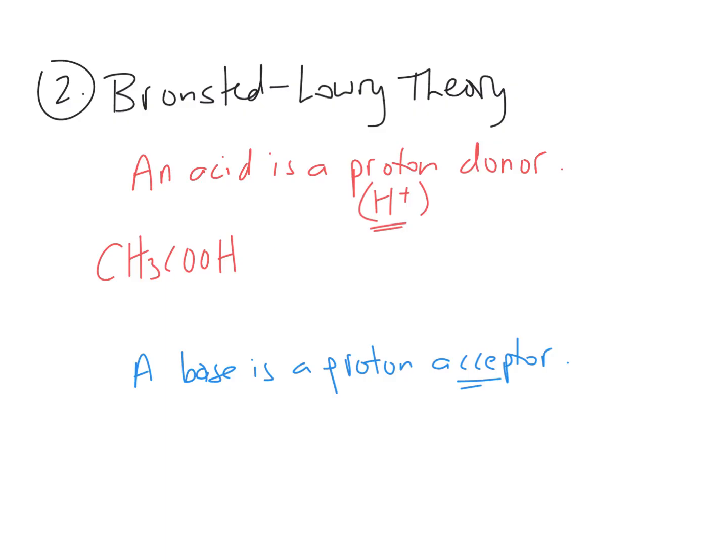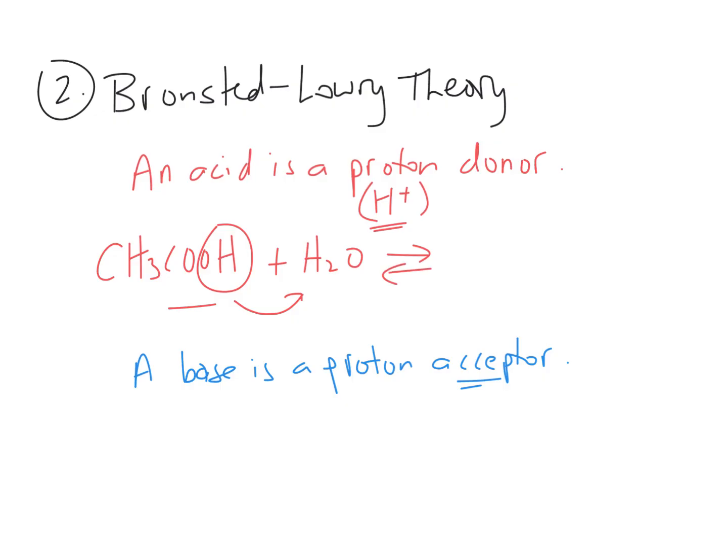CH3COOH. When we put it in water, what we see happen is it takes this proton, which is called the carboxyl proton, because that's the carboxylic acid group, makes it an acid, and it donates that proton to water.